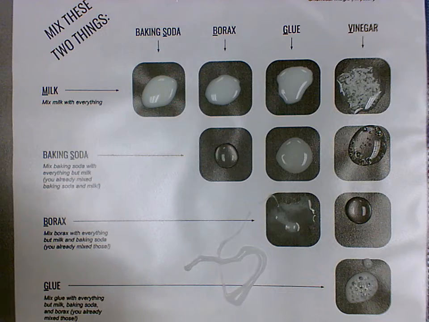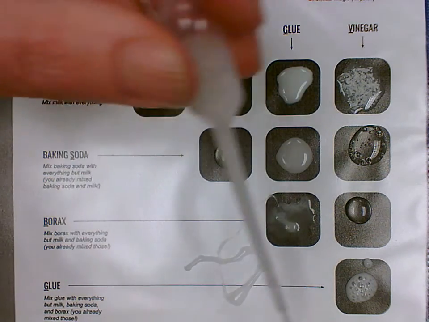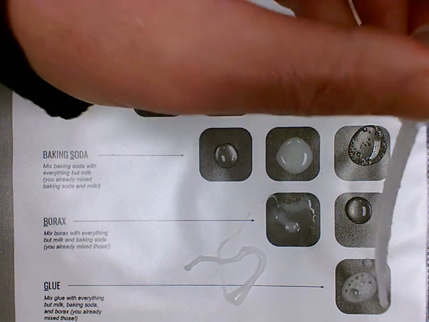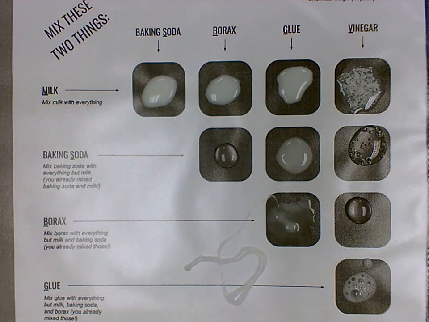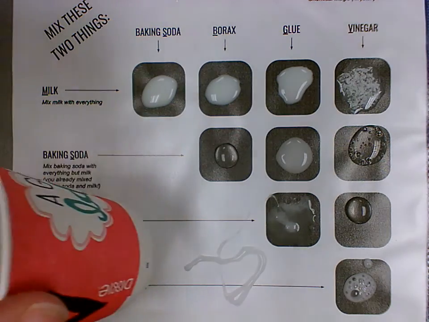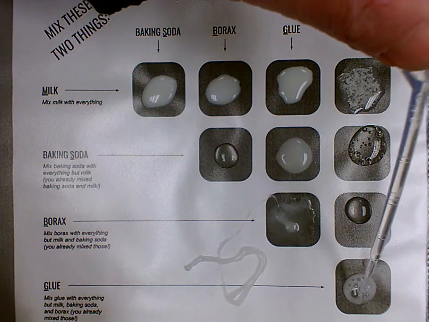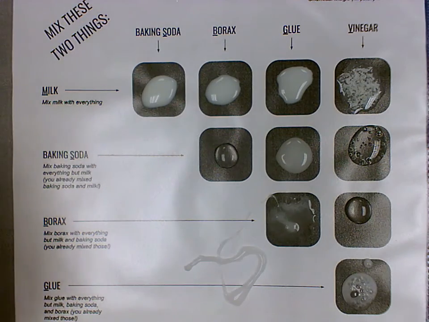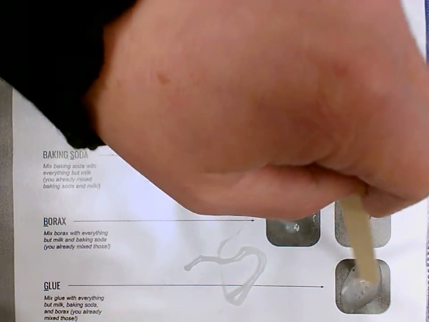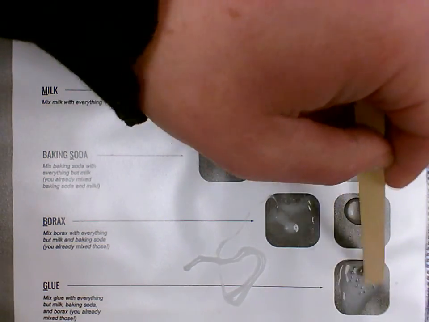The glue always sort of has air bubbles in it when I try to get it out of here. I'm not sure why. Okay, so there's my glue. And then let's add a little vinegar. And mix those two together, glue and vinegar.